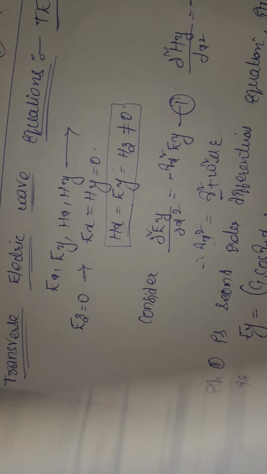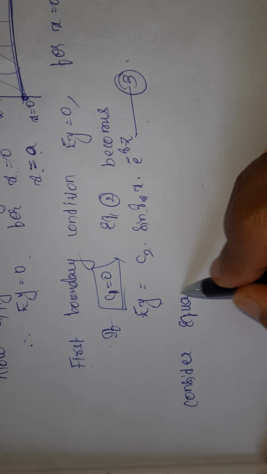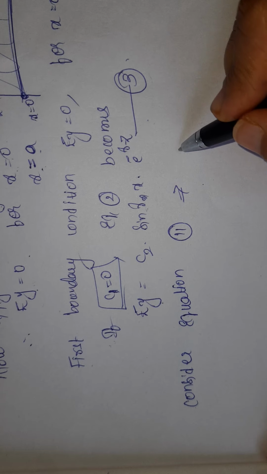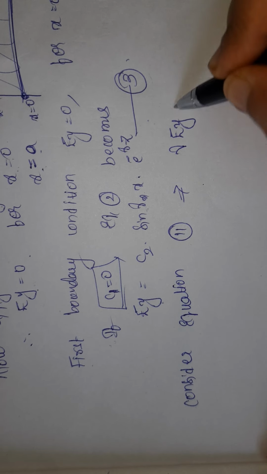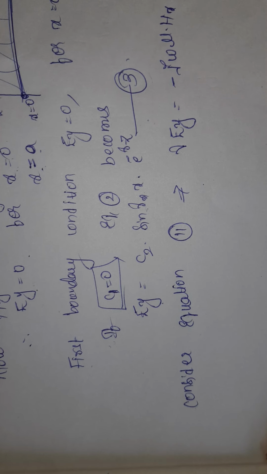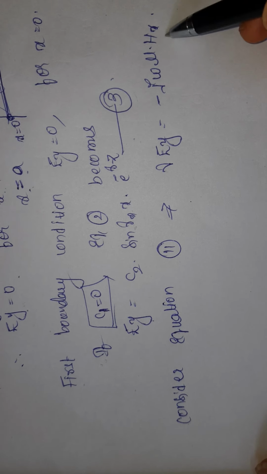Consider equation 11, that is gamma into Ey is equal to minus j omega mu Hx. From this we are going to derive the expression for Hx.